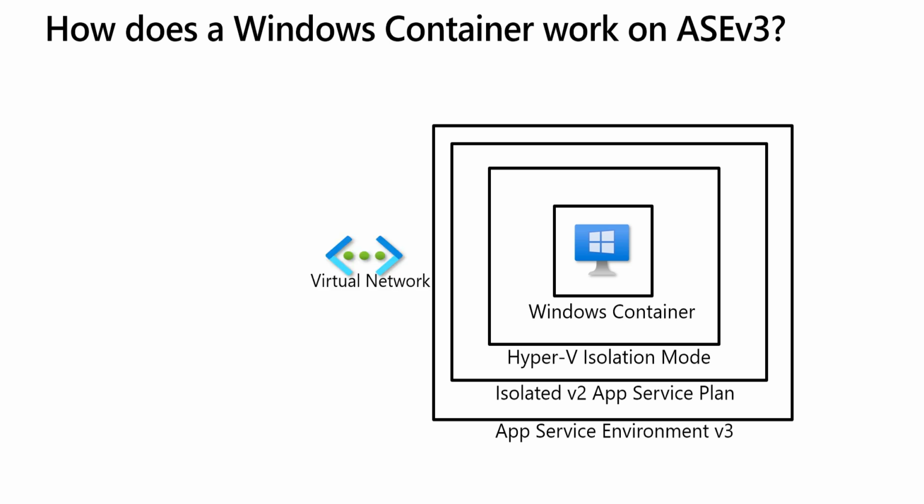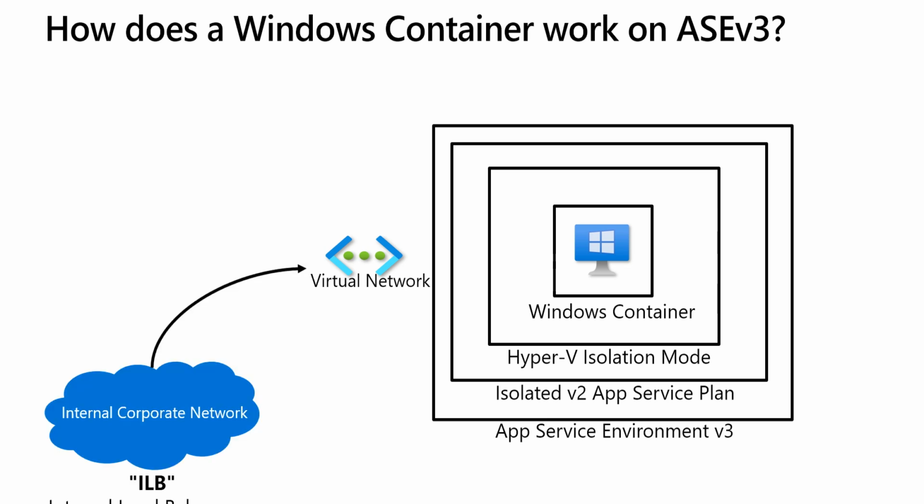Now, an App Service Environment v3 always runs inside of a virtual network, and that means there's sort of two flavors of ACE v3. One of them is called the internal load balancer variation of the app service environment, and this means that all of the apps are running behind a VNet internal private IP address. And as a result, all of the containers would only be reachable over your internal corporate network.